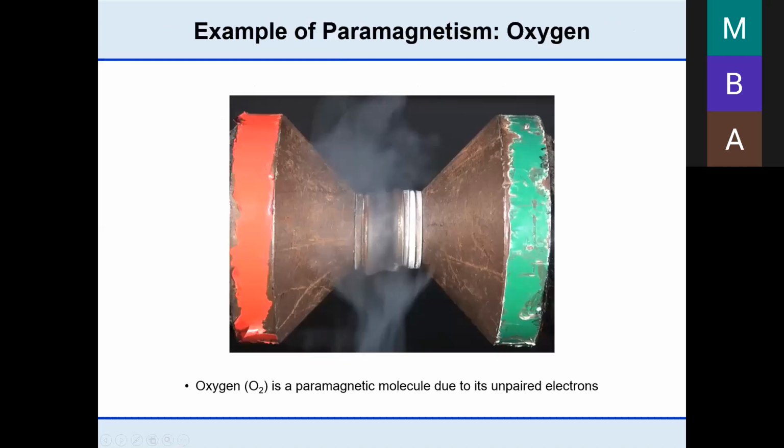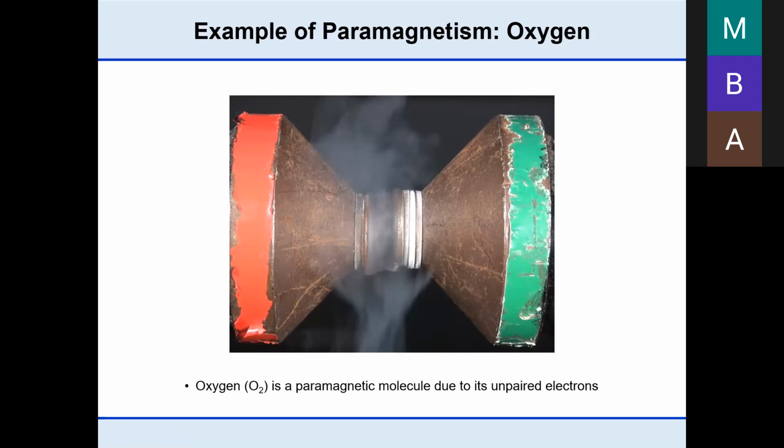The oft-cited example of paramagnetism is molecular oxygen, O2. As I'm sure you should all be aware by now, in the MO diagram for O2, you end up with two unpaired electrons, so an S equals 1 ground state.